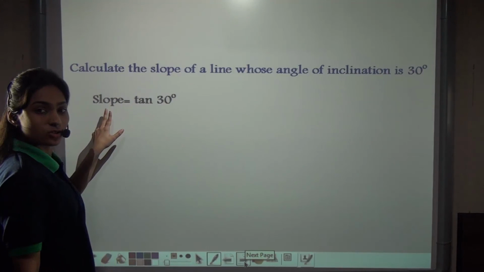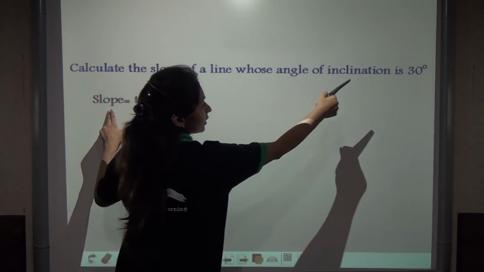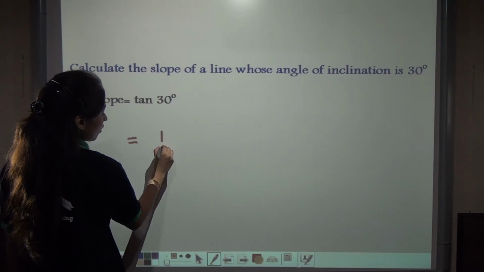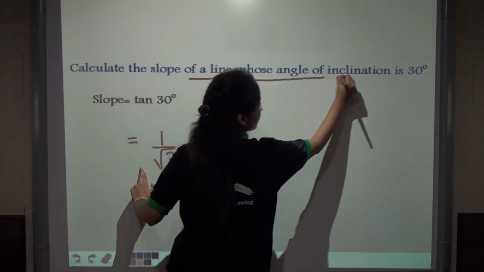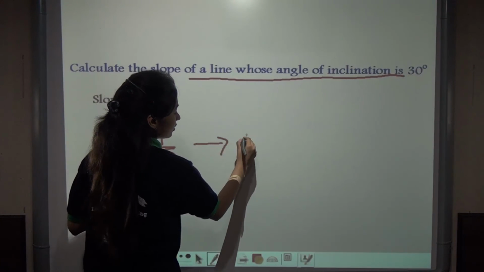Or we can say that slope will be calculated with the help of tan 30 degree, because 30 is the angle of inclination. So what is the value of tan 30? 1 by root 3. So the slope of the line whose angle of inclination is 30 degree is 1 by root 3. So this gives us the slope.